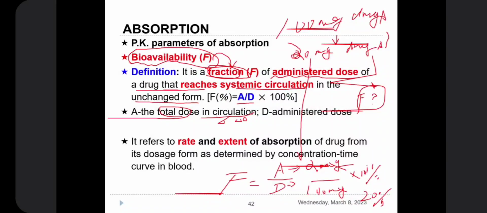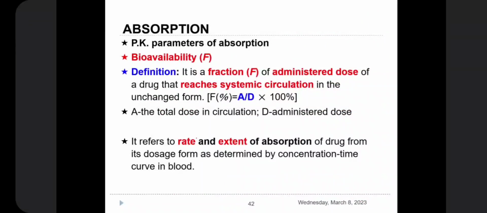Do you understand? How to get the 20 percent?